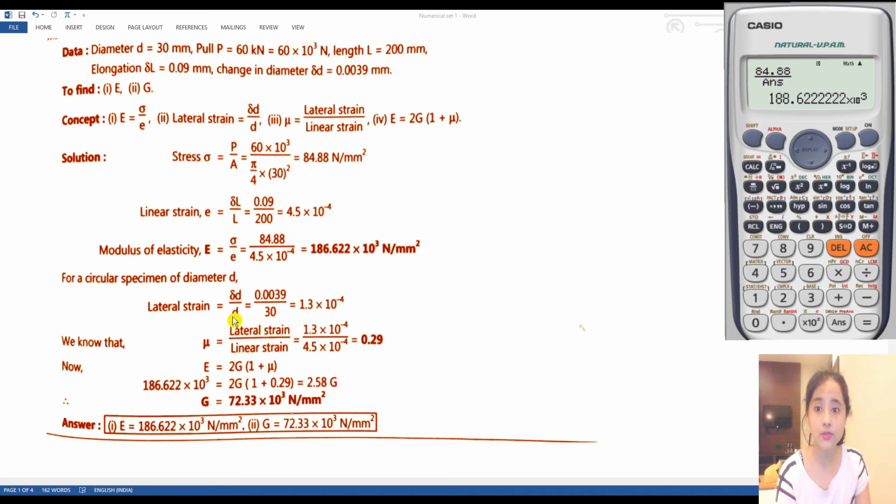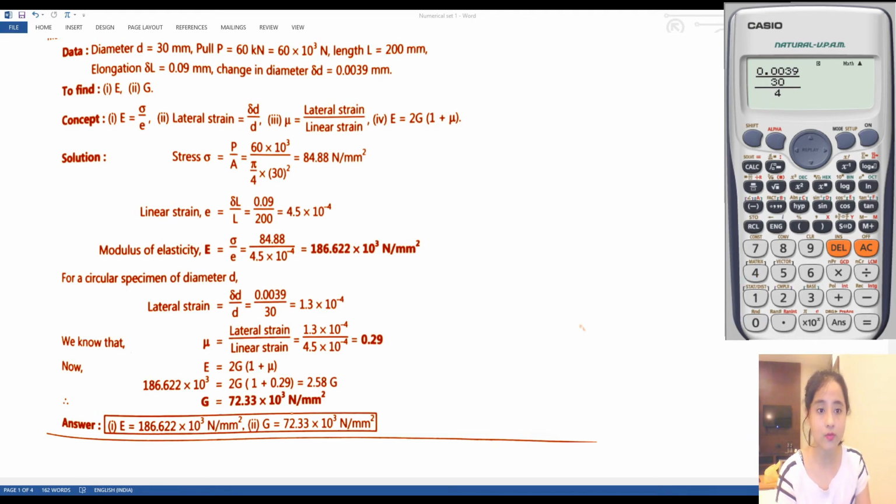So let us see. Poisson's ratio is equal to lateral strain. Lateral strain is equal to the change in diameter, which is given in the question, 0.0039, divided by its original diameter, divided by linear strain.